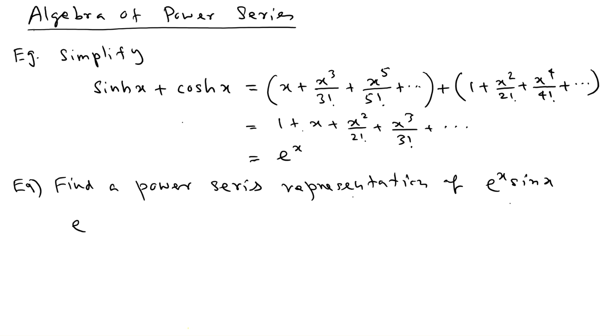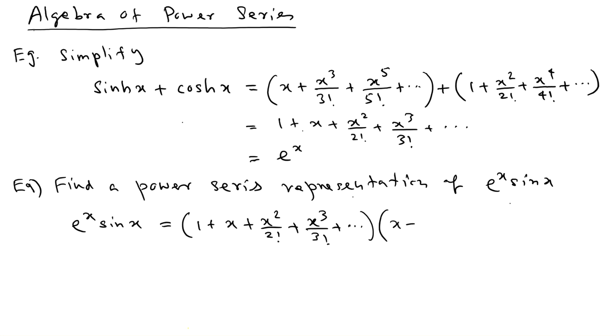So that means e to the x sin x. Let's substitute for each. What are the e to the x? Let's try the first few terms. It is 1 plus x plus x squared over 2 factorial plus x cubed over 3 factorial plus, like that, times, so it's a multiplication, x minus x cubed over 3 factorial plus x to the 5th over 5 factorial, like that.